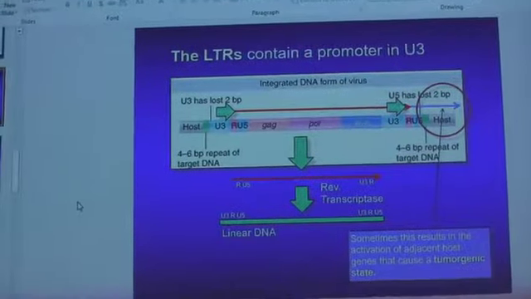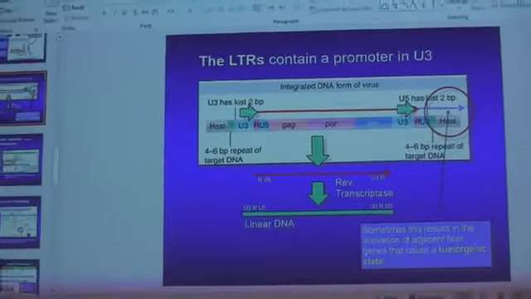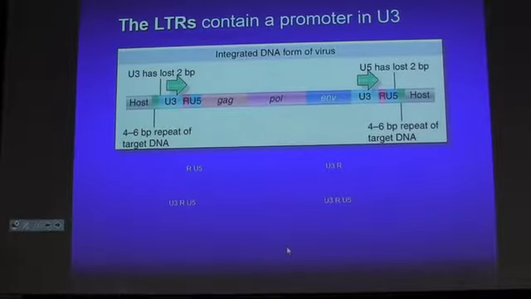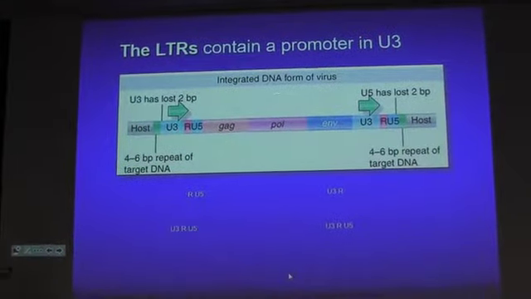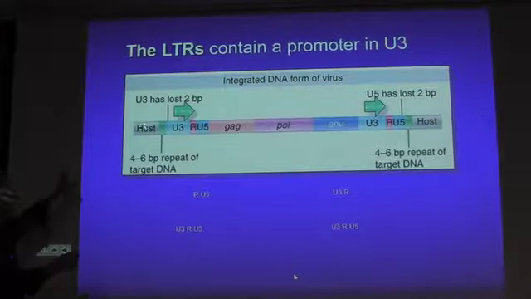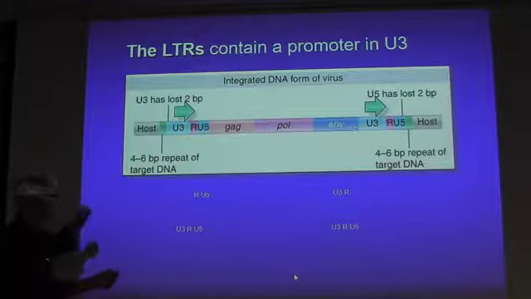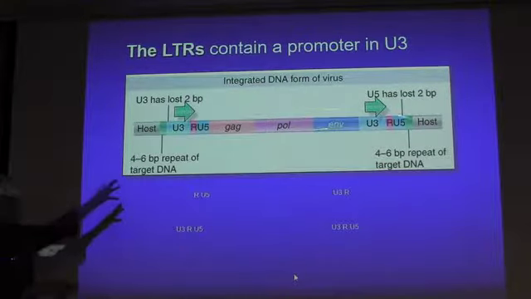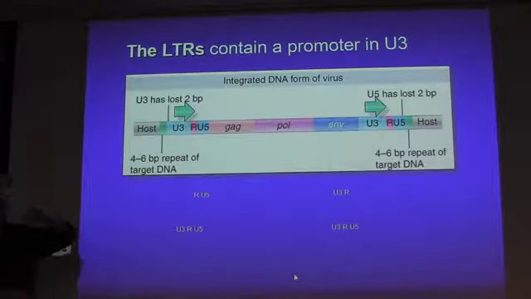So here you see the last part of a retrovirus. This is overlapping what we covered last time. Remember that here you see host, then you see the retrovirus, and notice the retrovirus is completely intact here except for 2 nucleotides on each side, right?